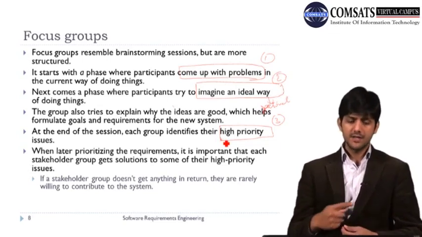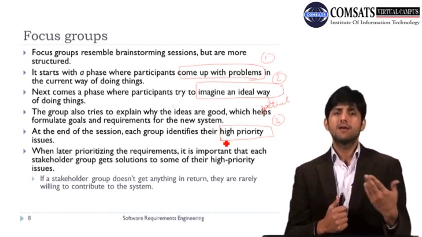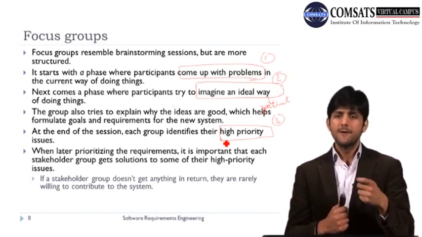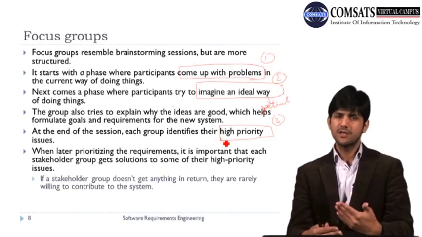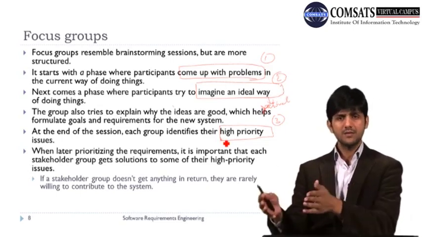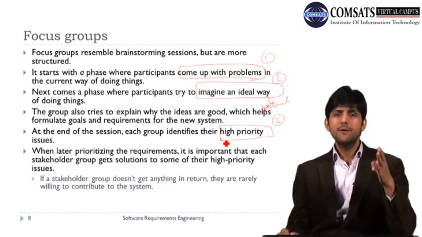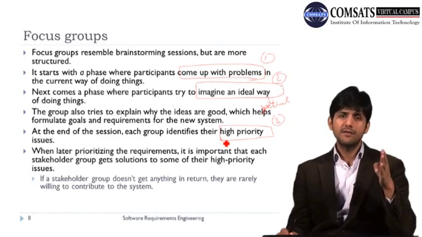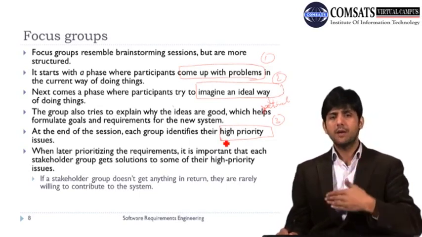Now as a facilitator, it's your job to give them some feedback on the problems they have identified. You need to tell them, these were your problems, and we can solve this problem in this fashion, because they want to take something back. They want to feel that they have taken something back in return as well. So this is what should happen in a focus group.